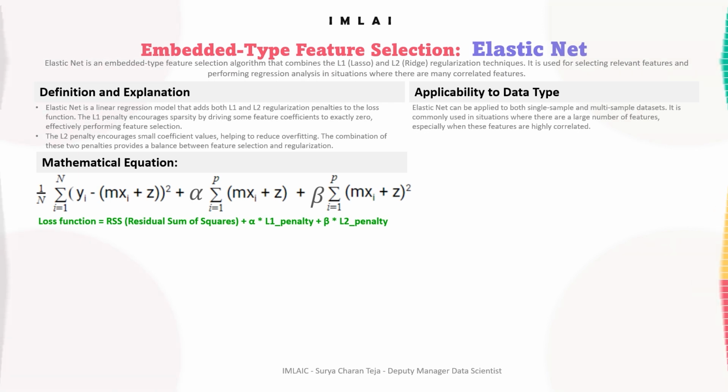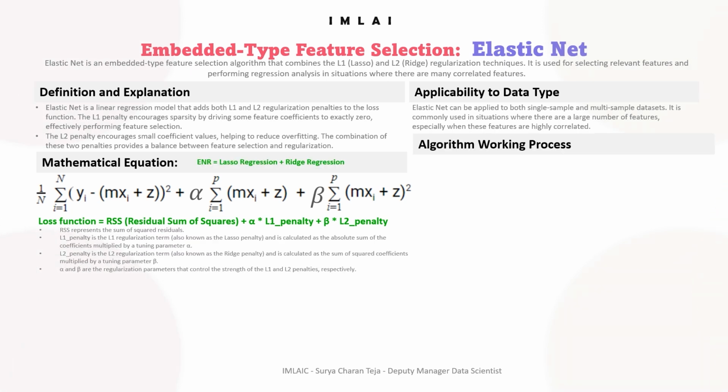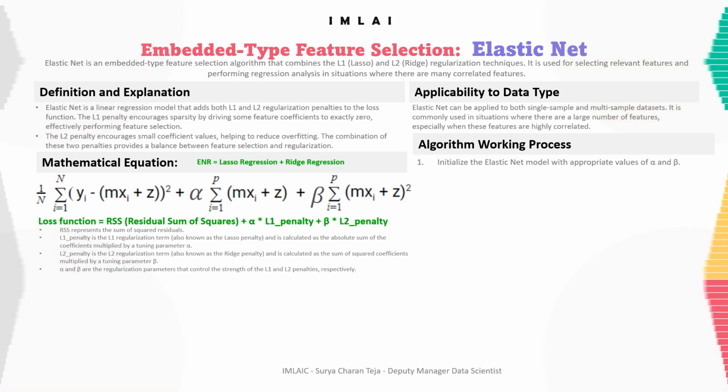So now let's look into the algorithm working process. Our elastic net regression is equal to lasso regression plus ridge regression. The first step is to initialize the elastic net model with appropriate values of alpha and beta.